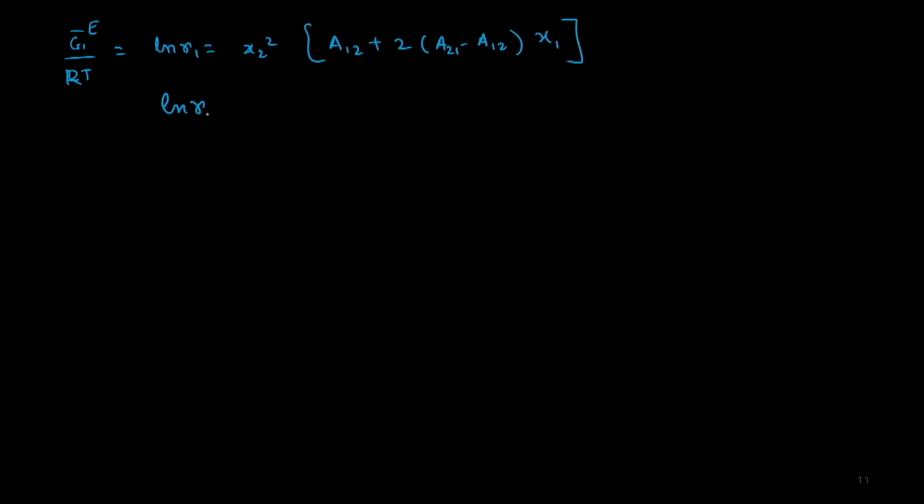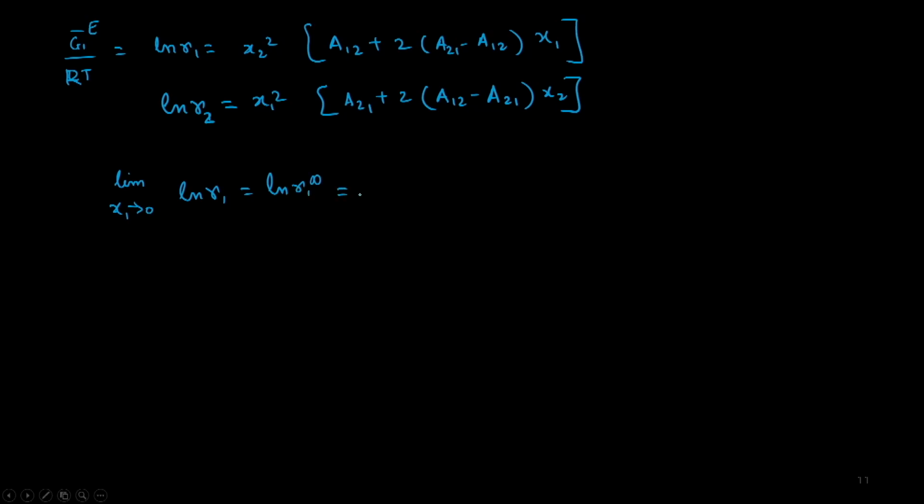And similarly, if I take the derivative with respect to n2 at constant n1, I will get ln gamma 2, which will be x1 squared times A21 plus 2 times (A12 minus A21) times x2. This is ln gamma 2. Now, if I ask a question, what will be gamma 1 infinity? If we want to know what the infinite dilution activity coefficients are, we simply need to take the limit as x1 approaches 0; ln gamma 1 will give us ln gamma 1 infinity, and that quantity will be simply A12.